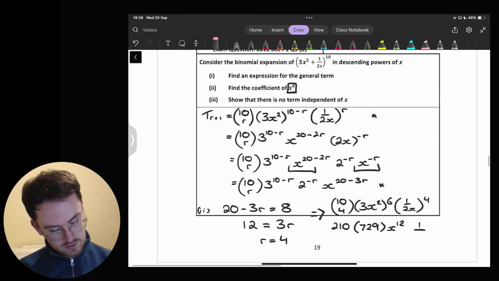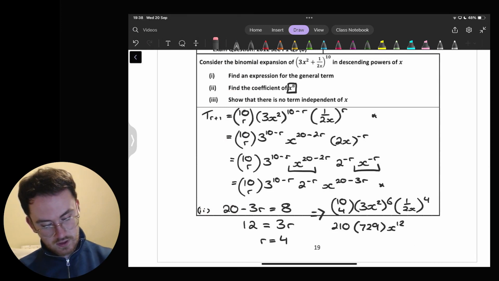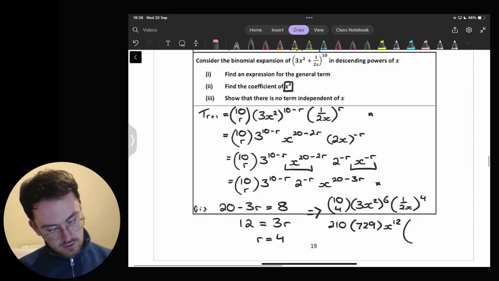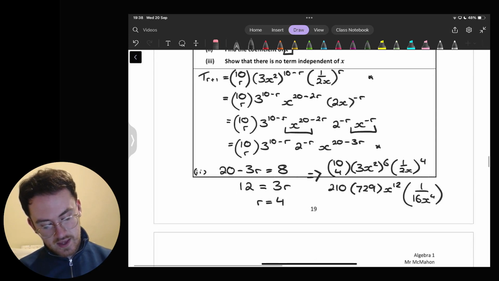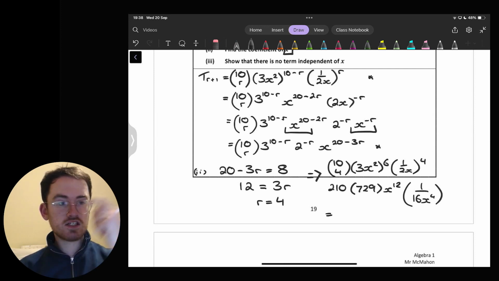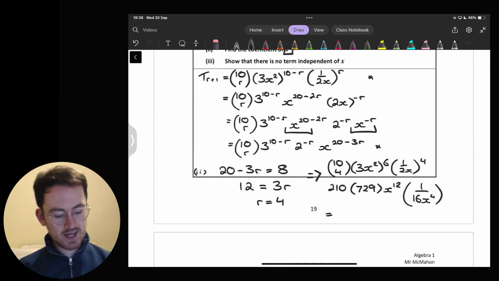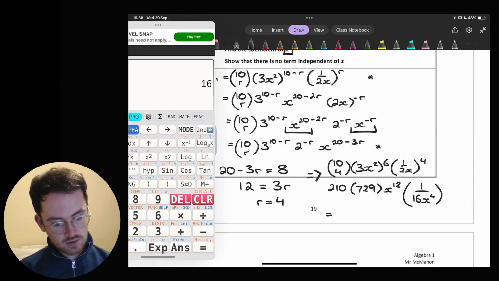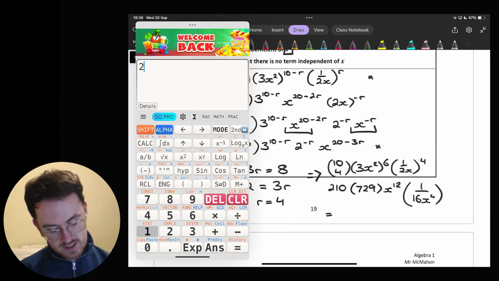Okay. Oh god, everything's gone. 1 over, let's try again, 16x to the power of 4. And then by doing some simple algebra, if we have an x to the power of 12 on the top, divided by x to the power of 4, and bringing everything together as best I can, that's going to give me an answer of, let me see, 210 by 729 divided by 16.